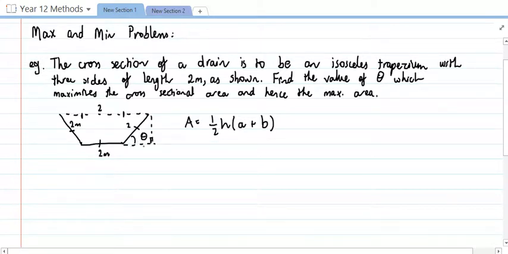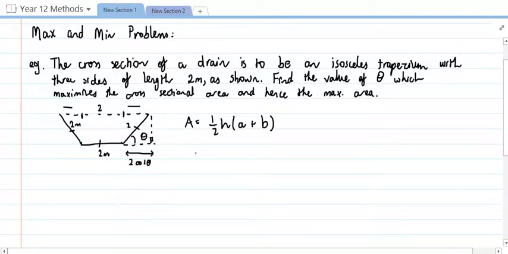Using a bit of SOHCAHTOA, cos theta is the adjacent over the hypotenuse. That means the adjacent is equal to 2 times cos theta. So this distance right here is 2 cos theta, and we also have 2 cos theta there. That means the full length is going to be 2 plus 4 cos theta, because we're adding on 2 cos theta at each end.